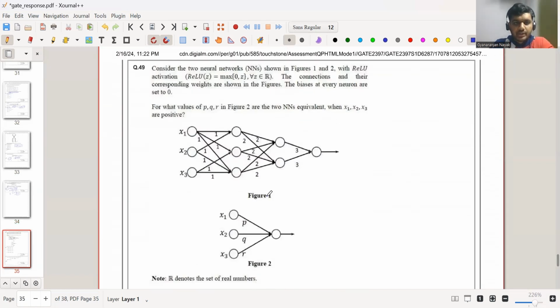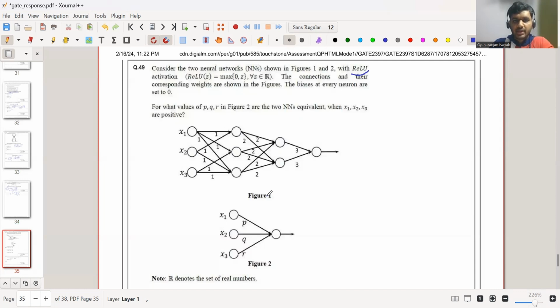It is a very important question. Consider the two neural networks shown in figure 1 and 2 with ReLU activation function. Here in this figure, we apply the ReLU function. What is the ReLU function?